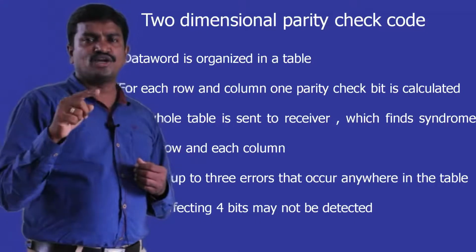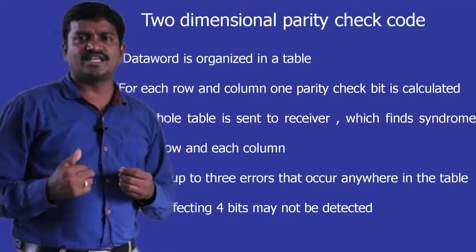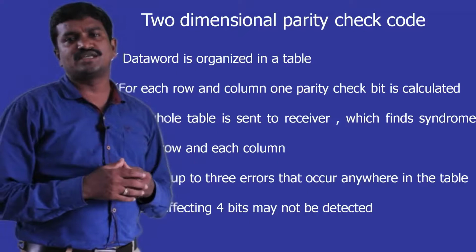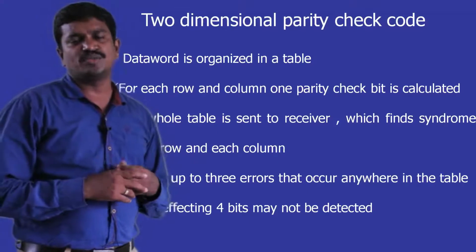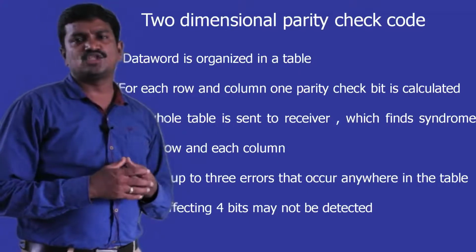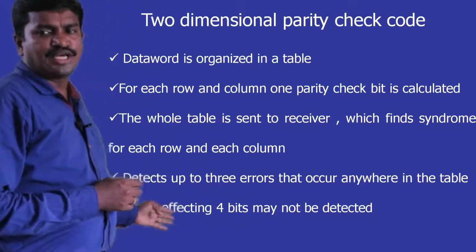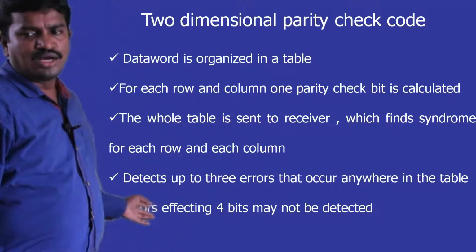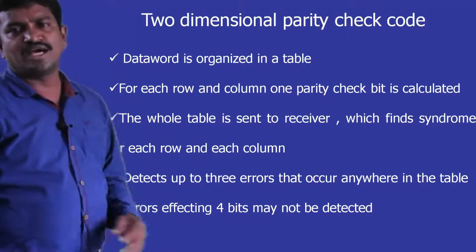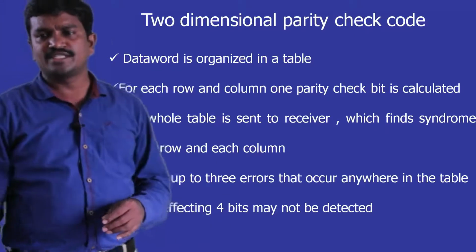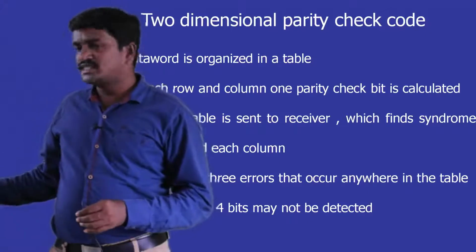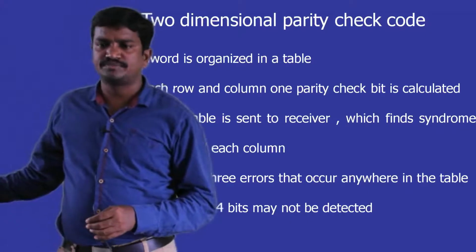Because of this, the methodology does not work to detect more than 3 errors. It detects up to 3 errors only, and 4-bit errors cannot be detected by this method. So let us see how this data is organized.